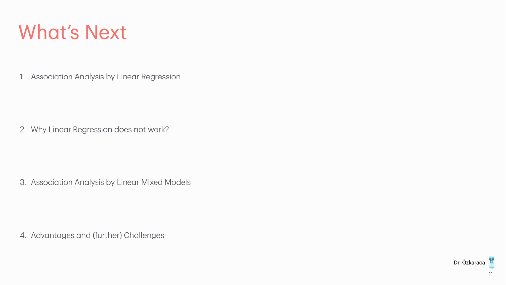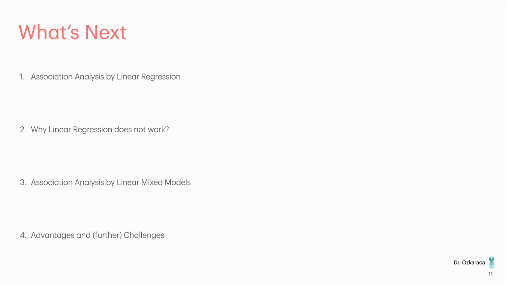Okay, this brings us to the end of today's video, and we have covered what GWAS is and why it is important, its historical development and key milestones. We talked about the GWAS catalog, and lastly we talked about some fundamental concepts in GWAS.